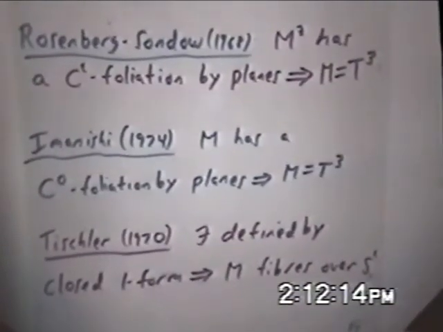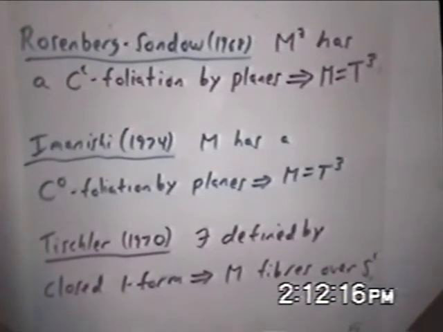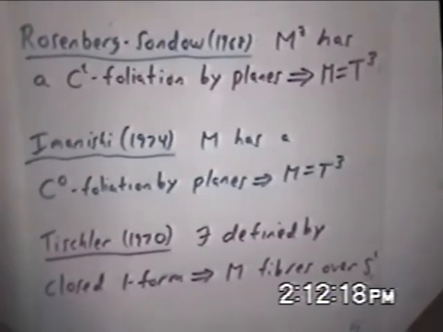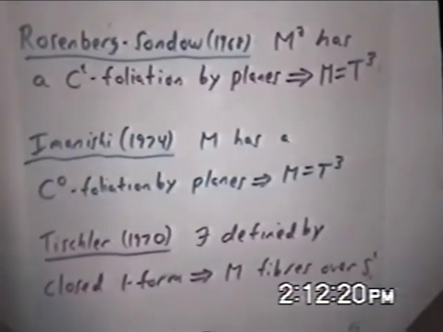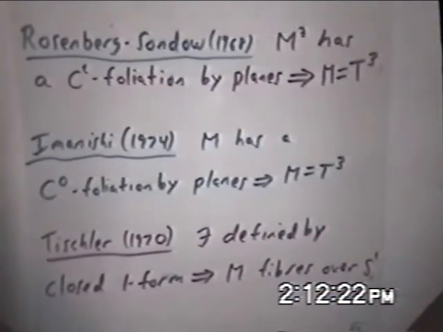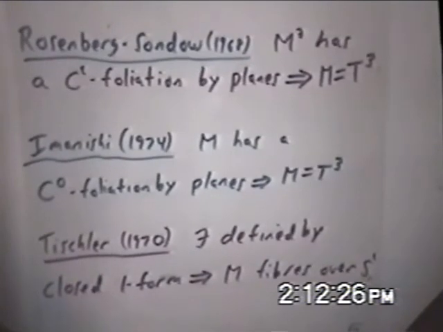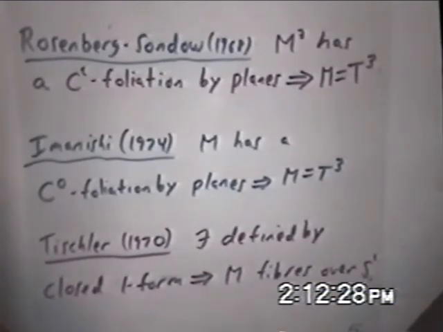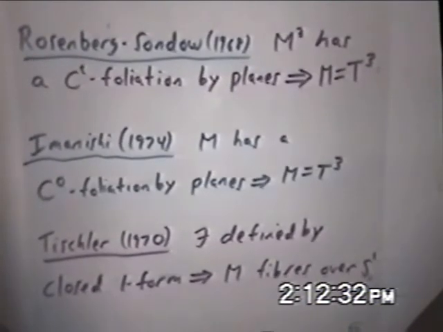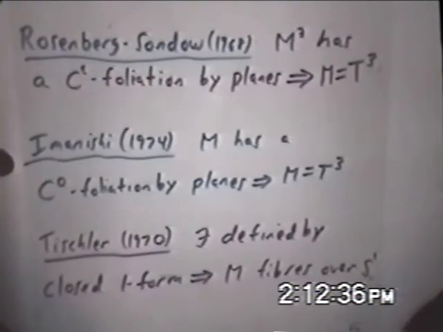Then his conclusion is that there's a closed non-singular 1-form which defines the foliation. So in other words, the tangent planes come from the kernel. You have this 1-form, you look at the vectors that are killed by the 1-form, and those are two-dimensional planes, and they define the foliation.